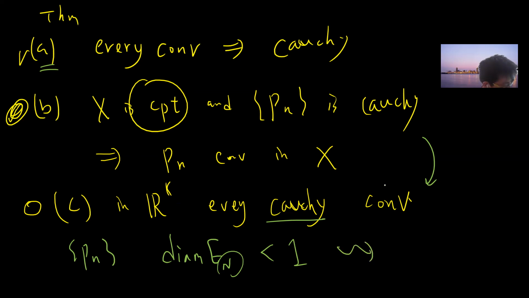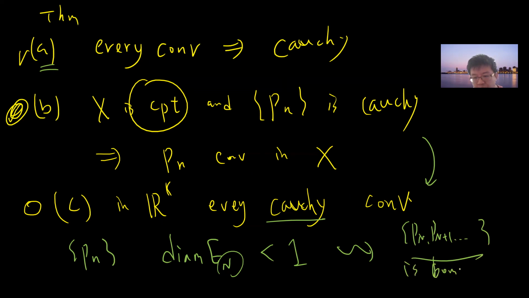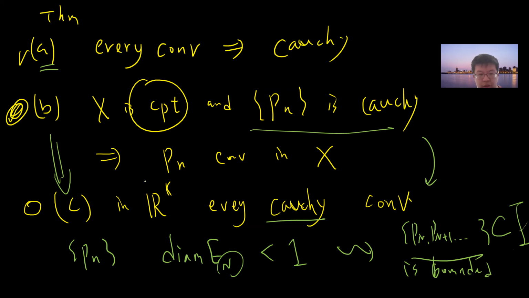This will make the set p_(n+1) up to infinity bounded. And we proved that every bounded subset in R^k can be covered by some compact set. Basically, you can pick a large cube to cover it. Then by your second theorem, you can use X as a large cube, and p_n is Cauchy, so p_n converges in this. So B implies C is trivial, once you notice that every bounded subset can be covered by some compact set in R^k.